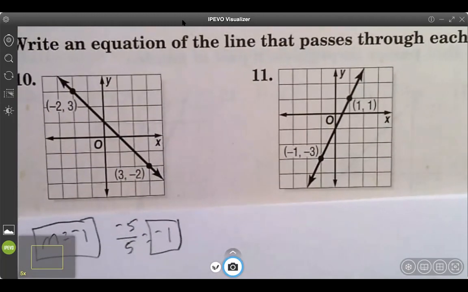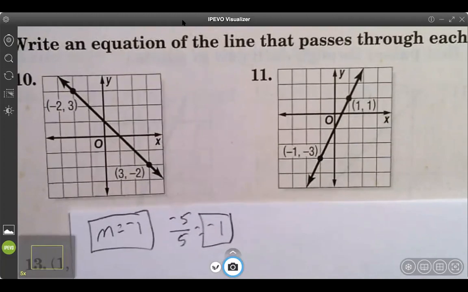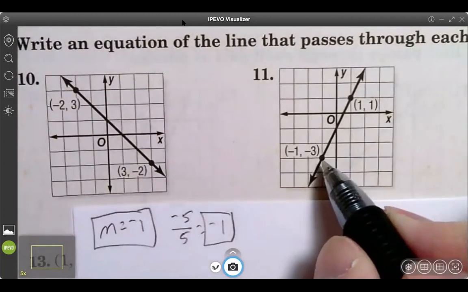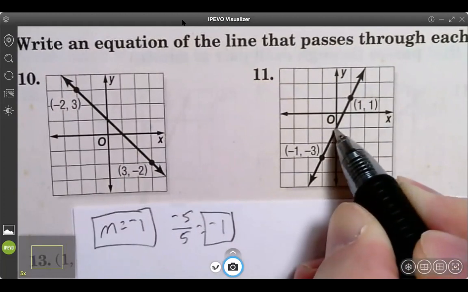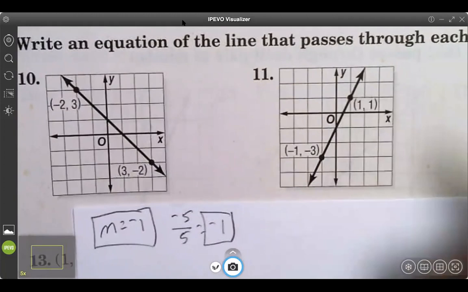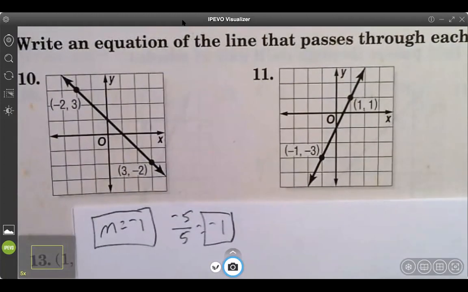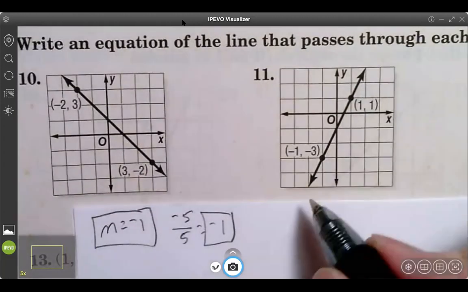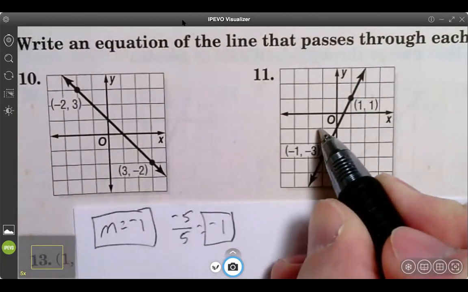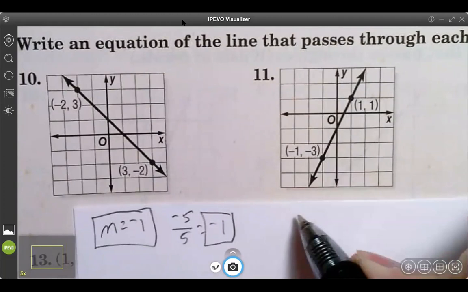Try number 11. Instantly, I know number 11 is a positive slope. I would have counted between this dot and right here, but I could have used this spot, this spot, this spot, this spot, or this spot because it goes right through the grid that many times. And on all of them, you rise 2, run 1.